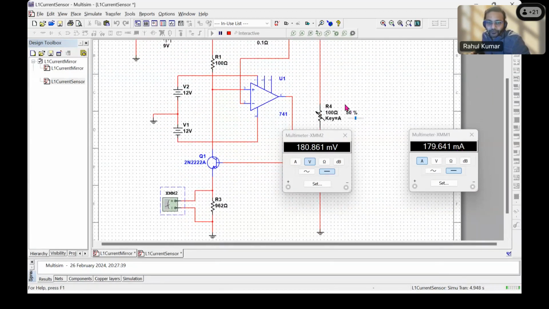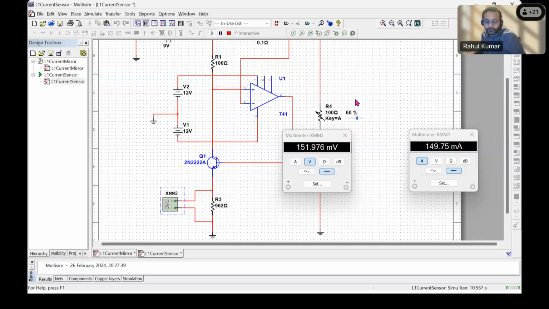Okay, so your resistance is currently set to 50% of 100 ohms. It's near about giving the same value. So your current is 179.6 milliamp. We are getting 180.8. If you change the value, still they are quite close enough. 196, 199, right?